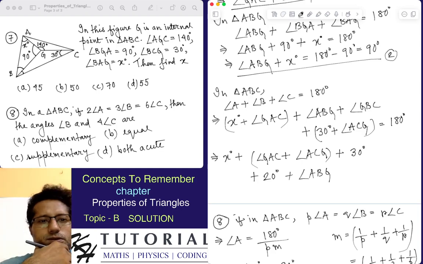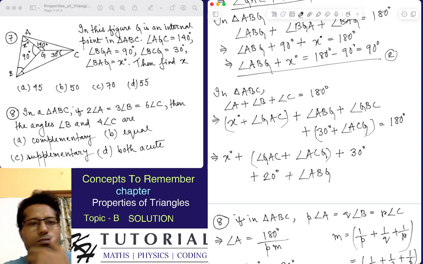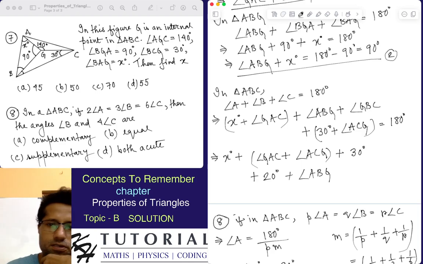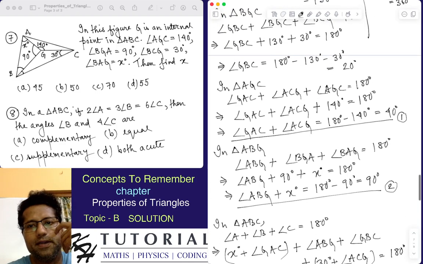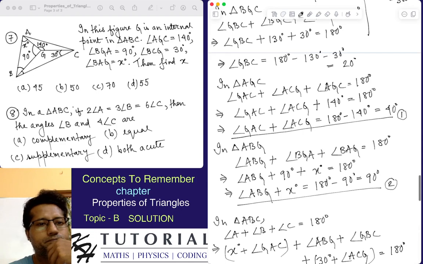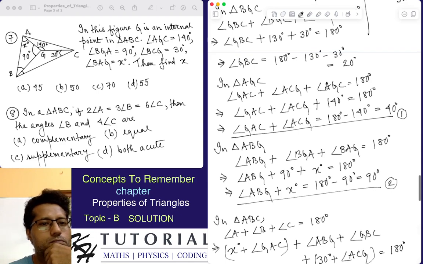We have found BGC. So in triangle BGC we have found angle BGC, so we will know angle GBC, which is 20 degrees. And this plus this is 90 degrees. This is 20 degrees.